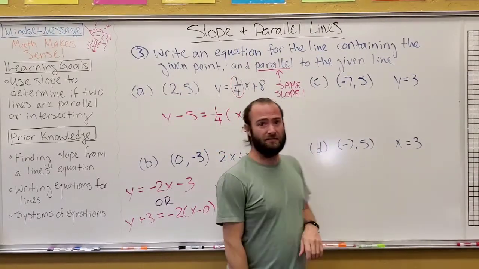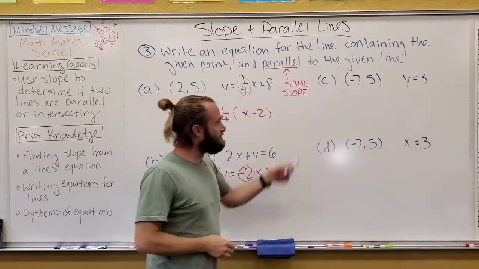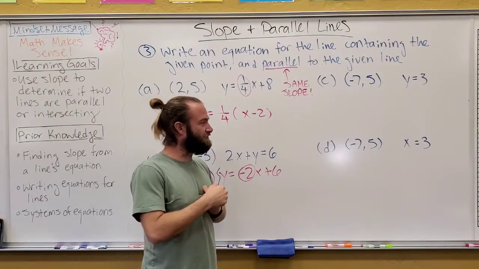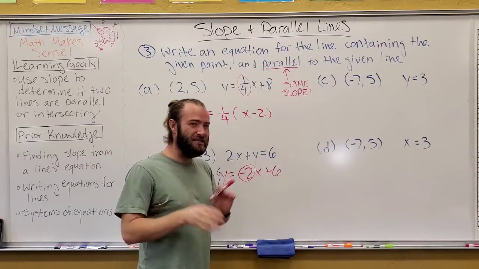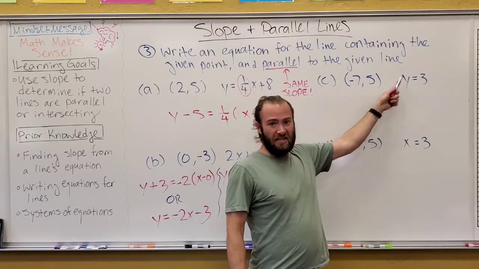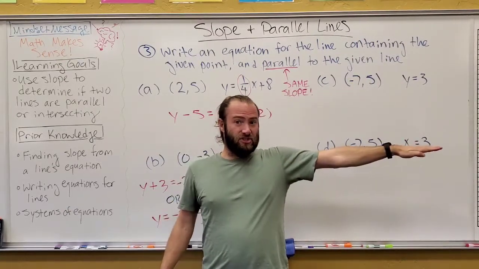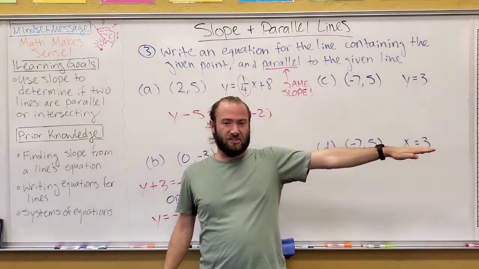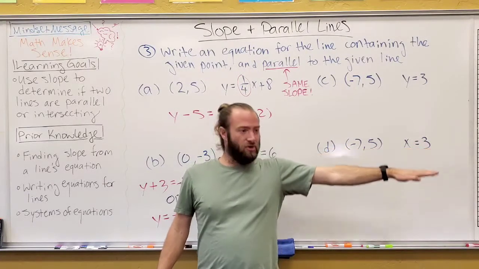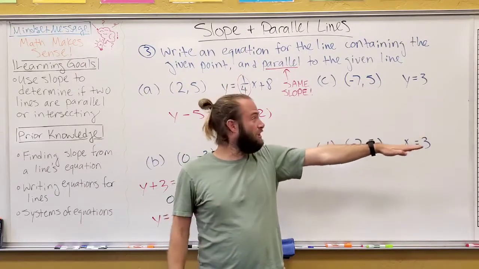Let's look at C and D. Taking a look at parts C and D here, these are different, and in fact, they're going to end up being a little easier than the other ones. Notice that y equals 3, that's the equation given. Well, if you remember from before, that's just a horizontal line. Technically the slope is 0, right? So any horizontal line always has the equation y equals a number.